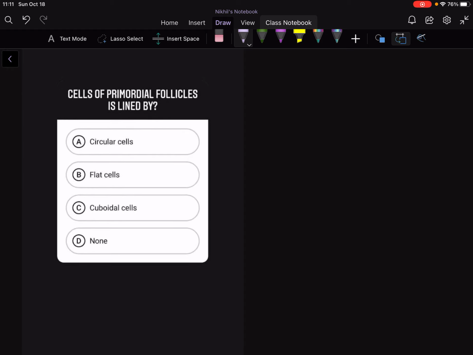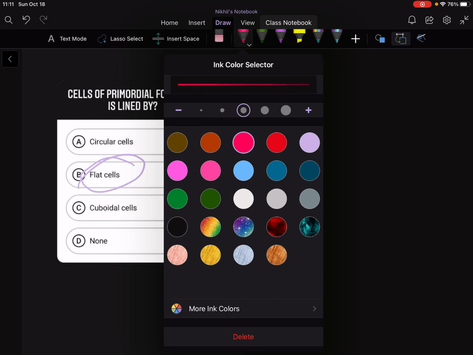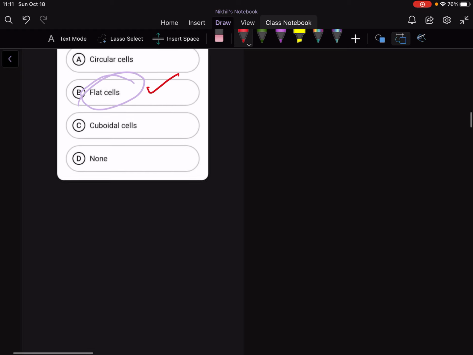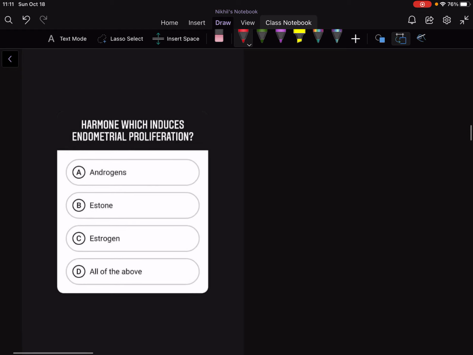Cells of the primordial follicle are lined by flat type cells. Remember that one. Flat types of cells are seen in primordial follicles. Primary follicles are mainly cuboidal. The hormone which induces endometrial proliferation is estrogen.